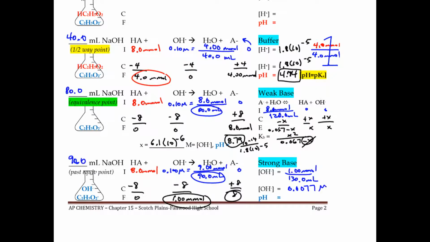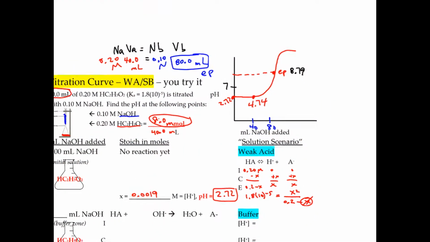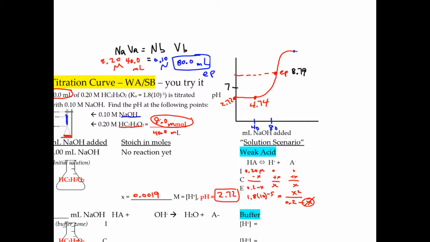And then you're going to negative log it and 14 minus it, and you get 11.89, which makes sense. Very basic because we're ending with a strong base. So this 11.89 is going to be right here, and that's going to be at 90 milliliters of base added.